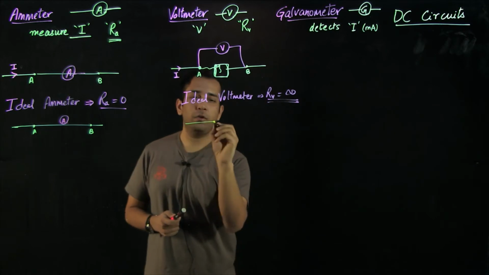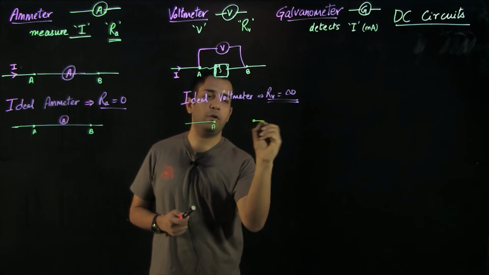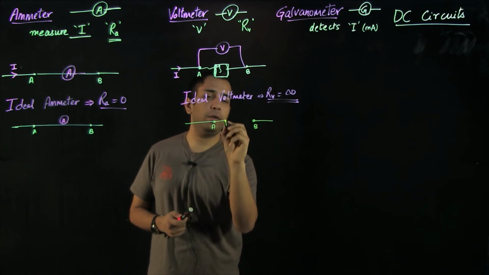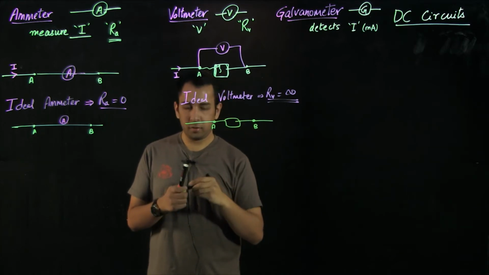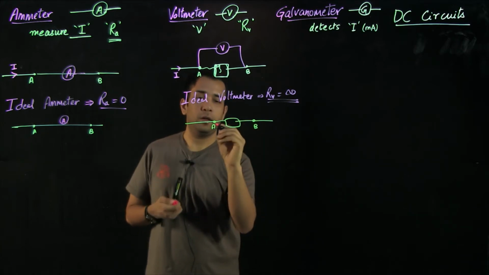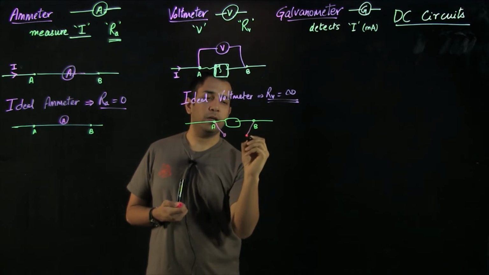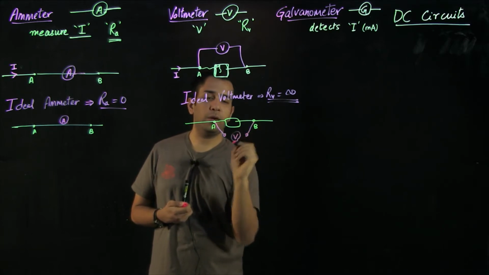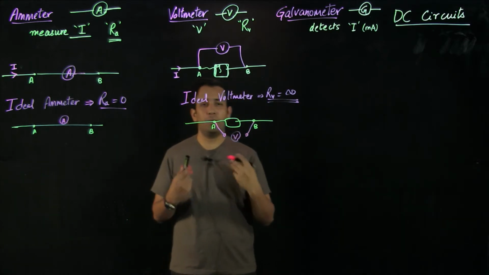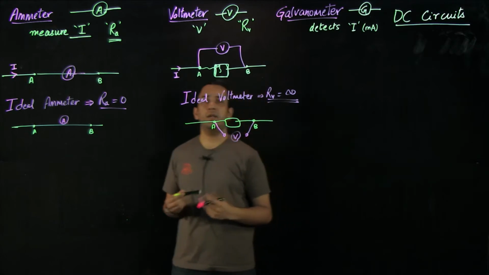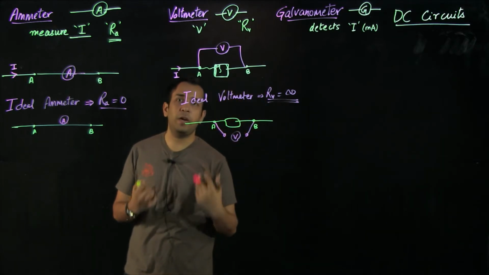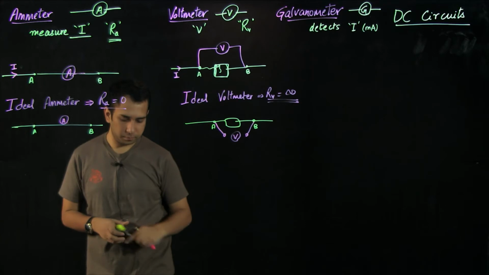Similarly, in case of a voltmeter, I know that I need to measure the potential difference between A and B. So what I can do is make it an open circuit here and write voltmeter here, because I know that a broken or open circuit has a characteristic that the resistance is infinite between the two terminals.